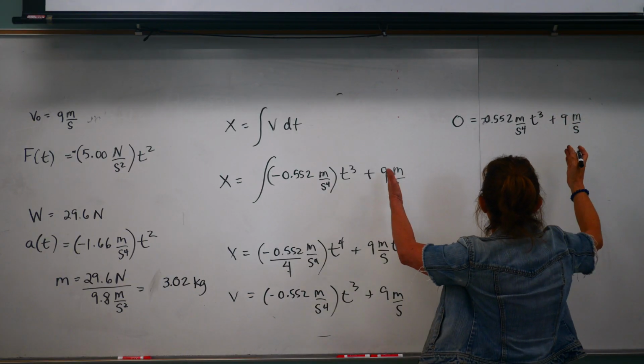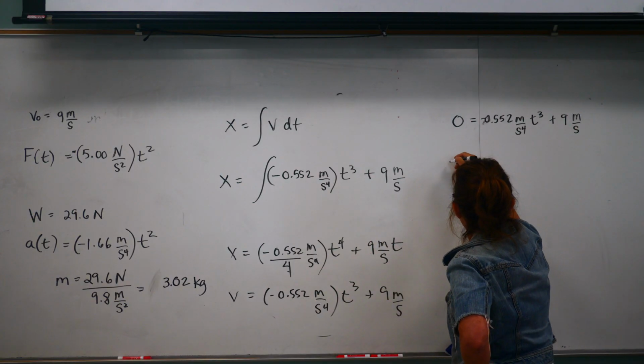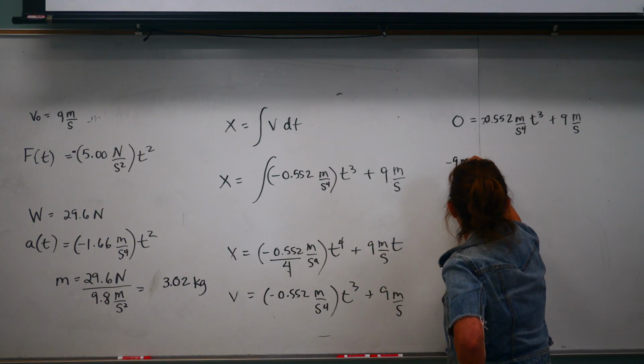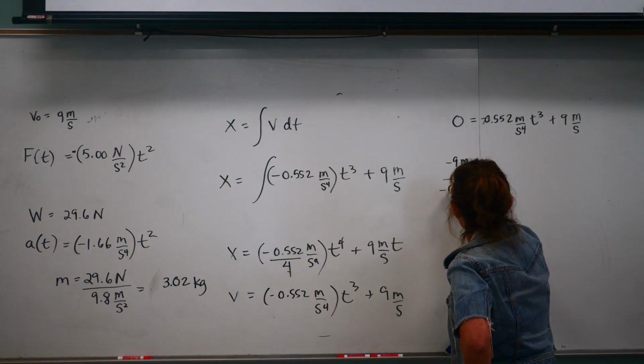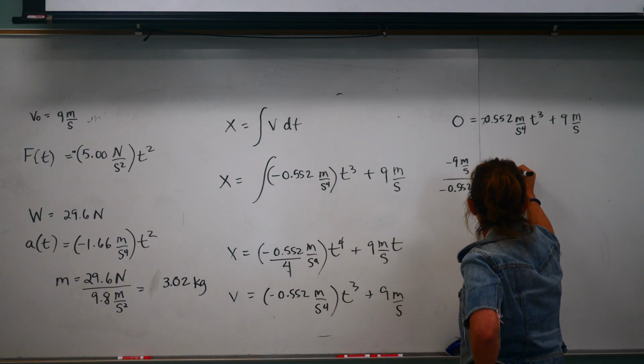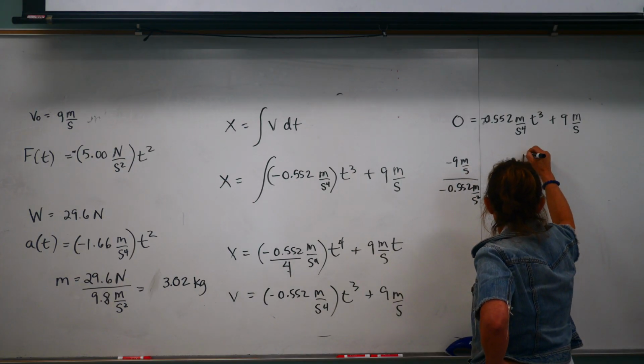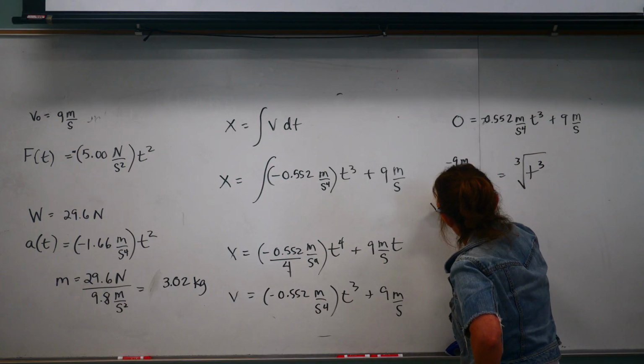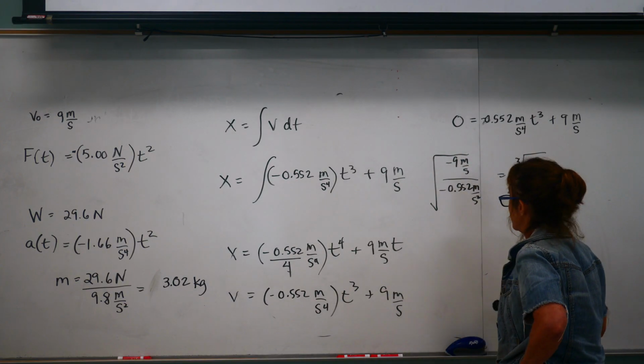All right, solving that for t, so negative 9 meters per second divided by negative 0.552 meters per second to the fourth equals t cubed. Take the cube root of both sides. If someone would be so kind to do that.